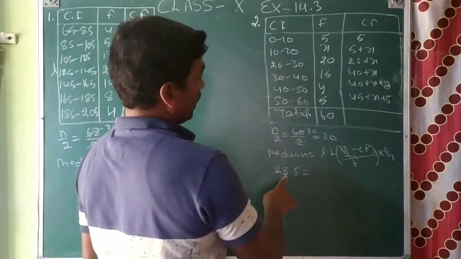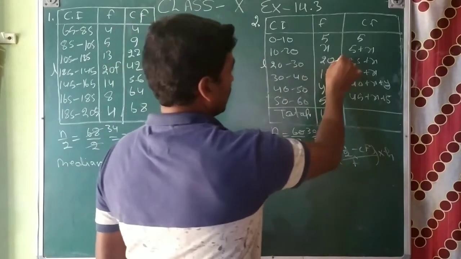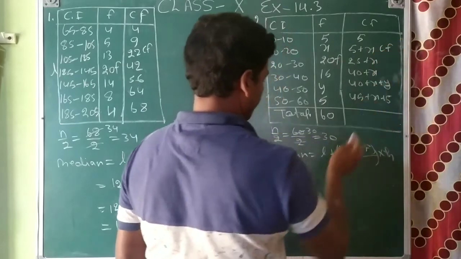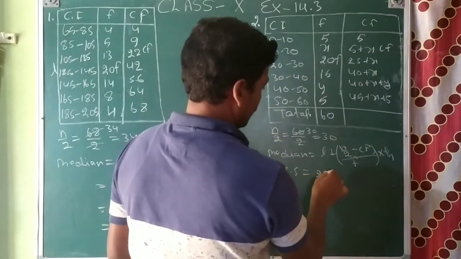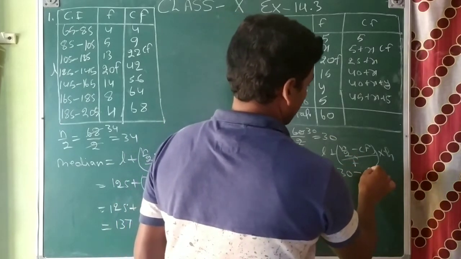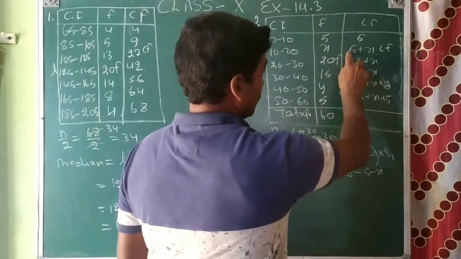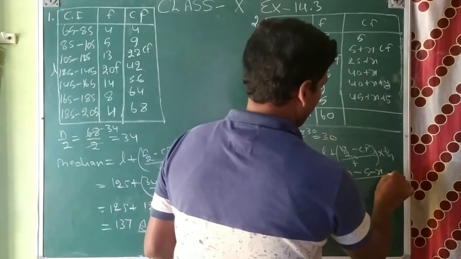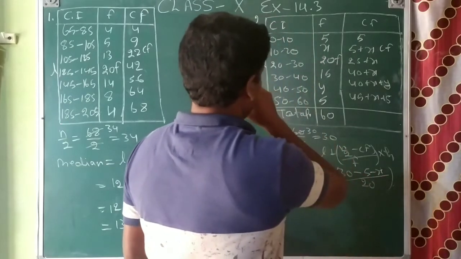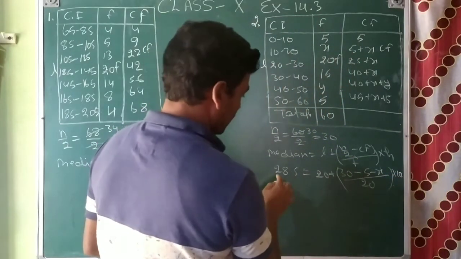So 28.5 is coming in this class interval, so that will be L, this will be F, and that one is the CF. So L is 20, plus n upon 2, which we have already found, 30, minus CF, that is 5 plus x, upon F, which is 20, and H is 10, and then this one will come to this side.